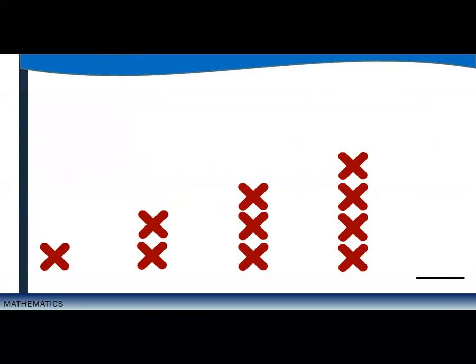Now look at this other pattern. What do you think is happening in the pattern? Amazing. If you said each term is 1 more than the previous, you are correct. Or maybe you said the pattern is getting larger and larger. That too is correct.